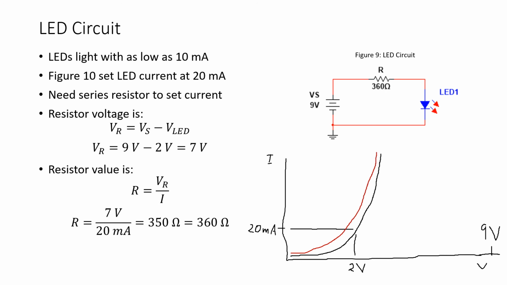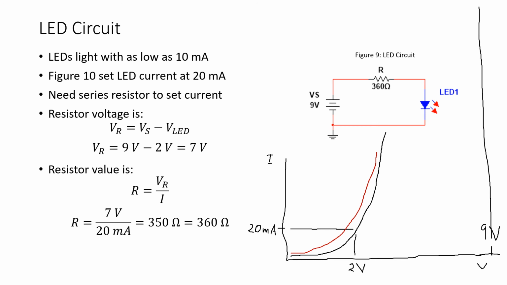This curve gives us graphically all the possible operating points for that LED. Where is this line going to intersect this vertical line of 9 volts?